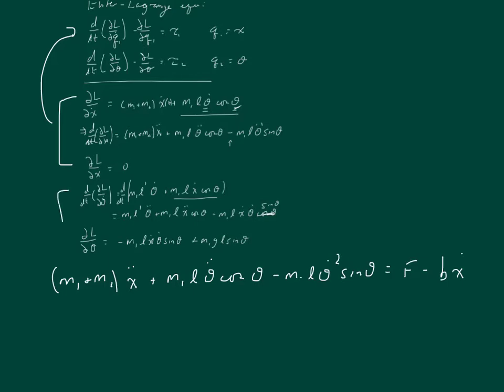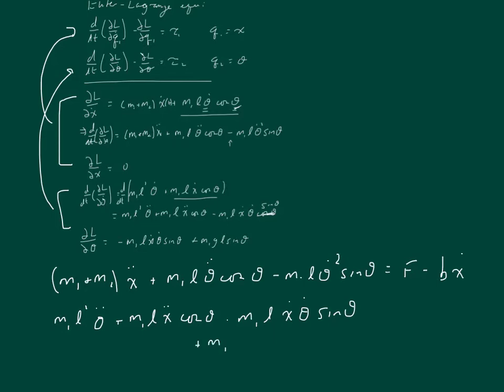And then combining these two into that equation gives m1 L squared theta double dot plus m1 L x double dot cosine of theta minus m1 L x dot theta dot sine theta plus m1 L x dot theta dot sine theta minus m1 g L sine theta is equal to the generalized force, which is 0.